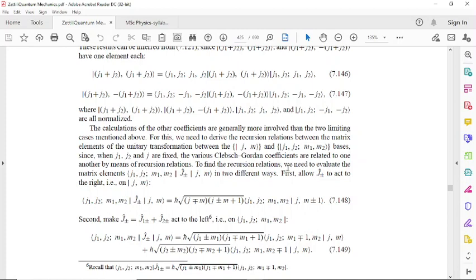First, allow J plus or minus to act on the right, that is on ket jm. That means <j1 j2 m1 m2| J plus or minus |jm>. That means this J plus or minus is acting on this |jm>. Then the result will be h-cross square root of (j minus or plus m)(j plus or minus m plus 1) <j1 j2 m1 m2|j m plus or minus 1>.